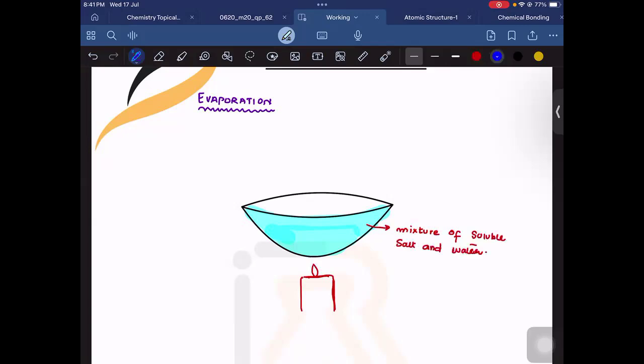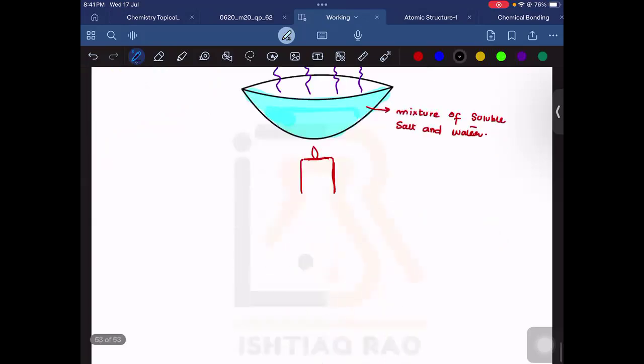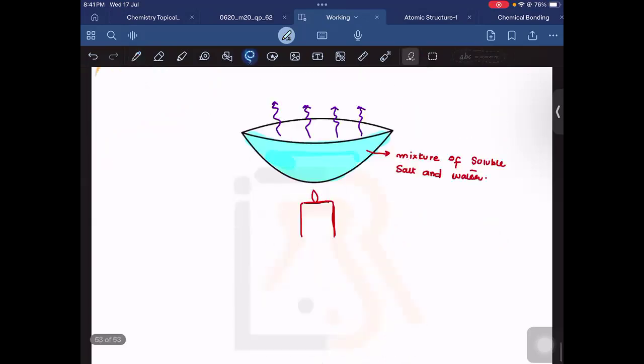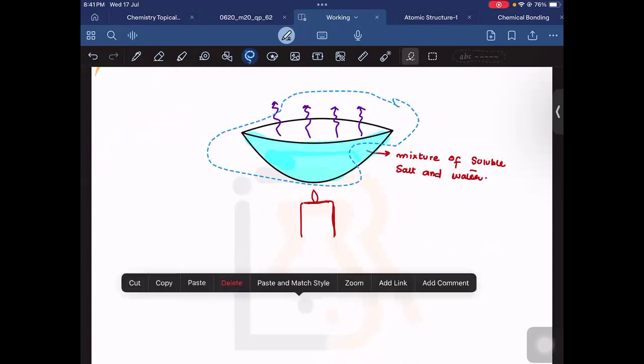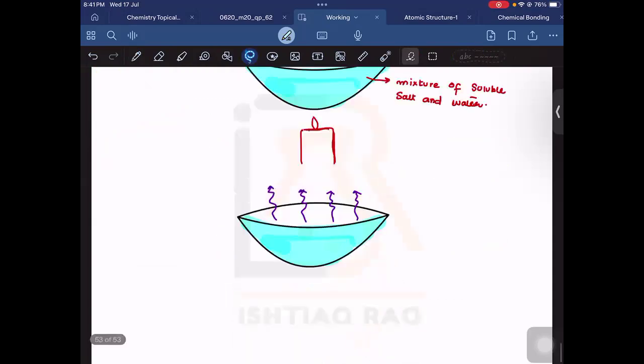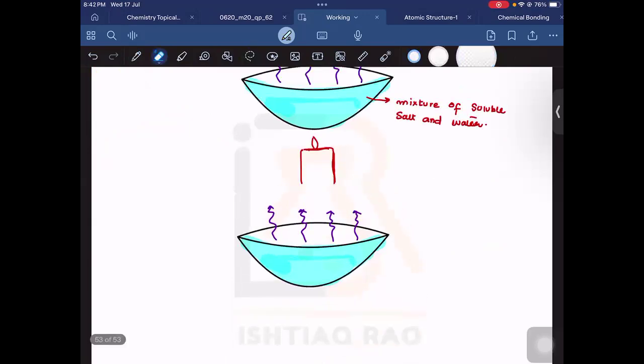Okay, so once you have started to provide the heat to this mixture, that is the seawater, you will see water starting to evaporate like this.